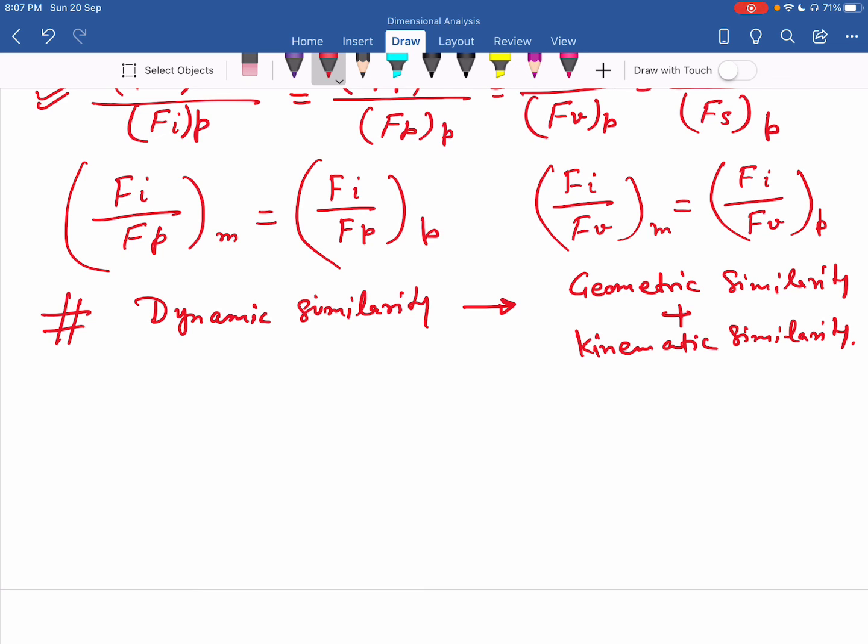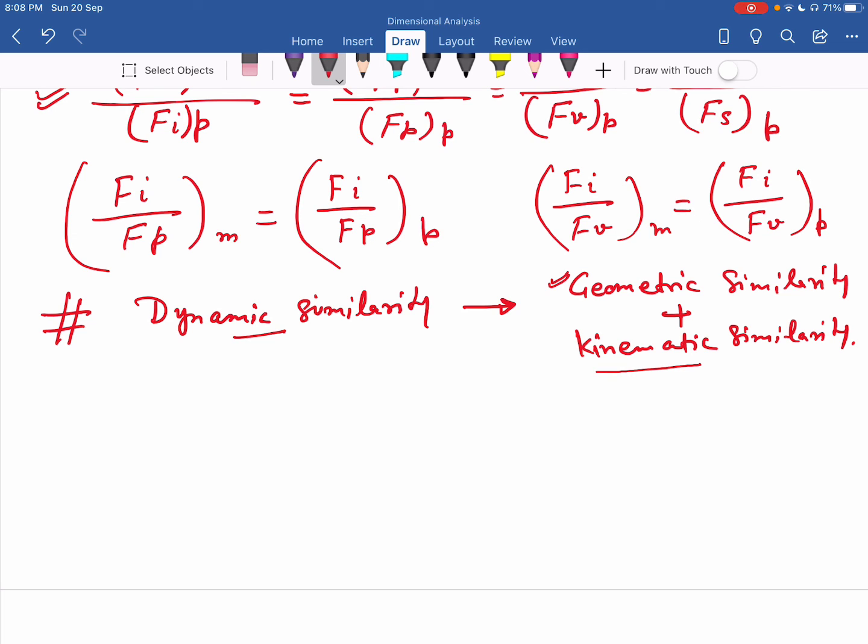This is because without the geometric similarity, the ratios of velocities, acceleration, etc., at homologous points cannot be seen. If there is no geometric similarity, then there is no kinematic similarity. So for dynamic similarity, these two similarities must be there. Or you can say for kinematic similarity, the geometric similarity must be there. Okay. So if there is dynamic similarity, that means kinematic and geometric similarity are already there.